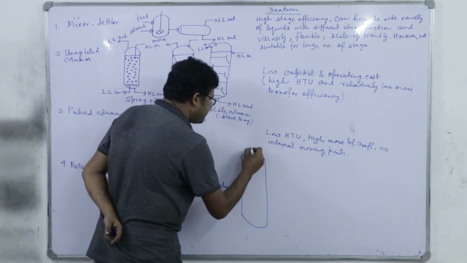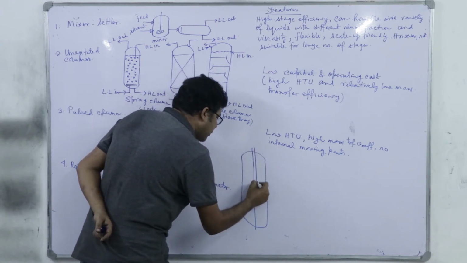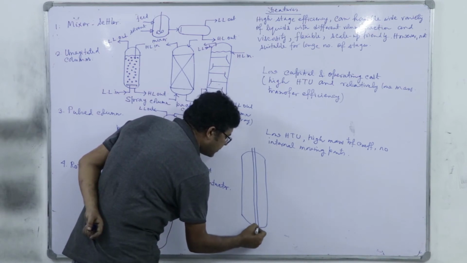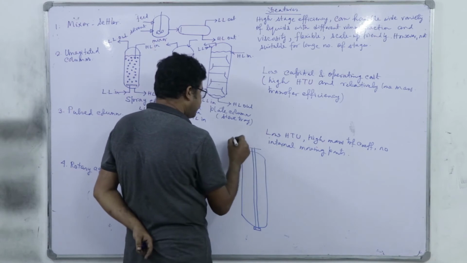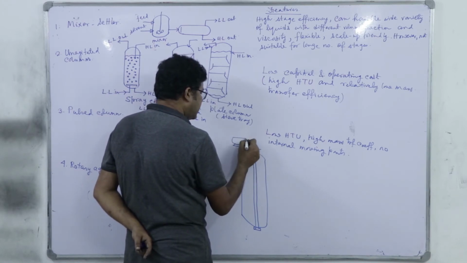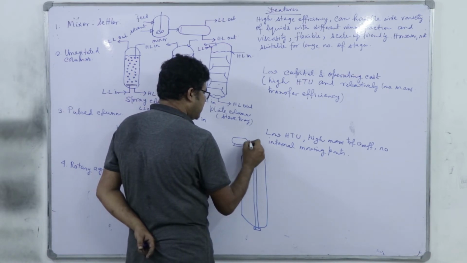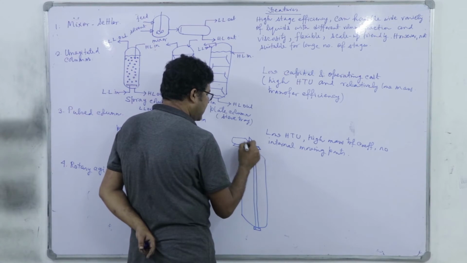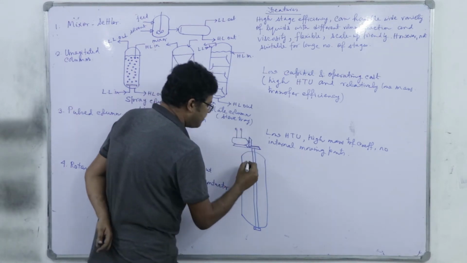We have a shaft protruding to the end of this column. Here we have a bearing. Here we have the motor and bevel gear arrangement, which will actually transmit the direction of motion. Additionally, there is a variable speed drive, right.